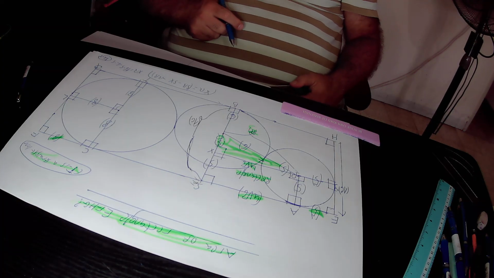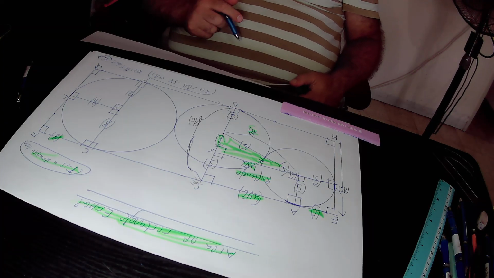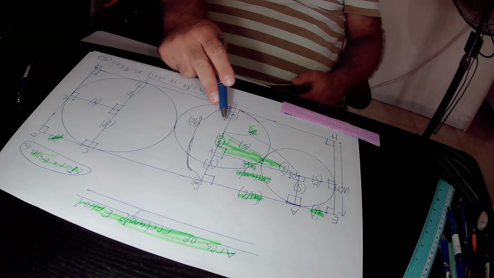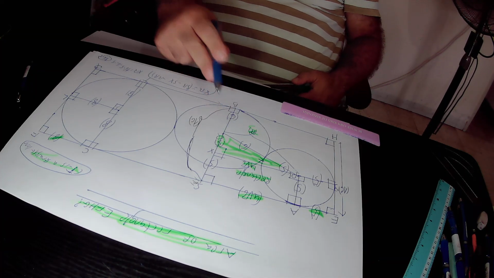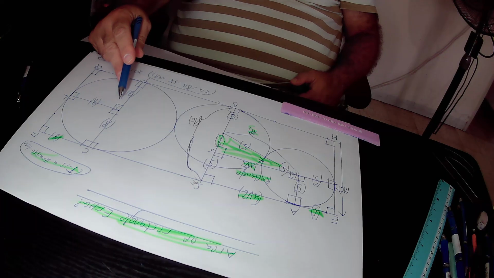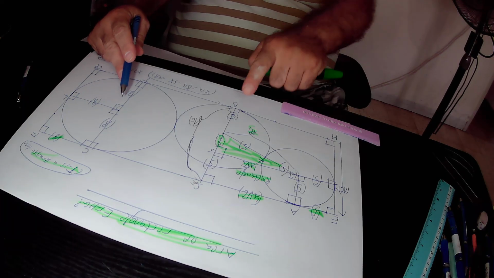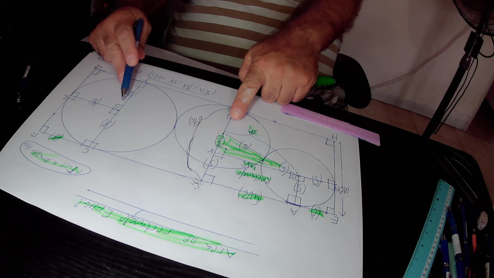In the next step, we will join the center of this medium circle, that is point Q, with the center of this big circle, that is point S. We'll join points Q and S together by a straight line.